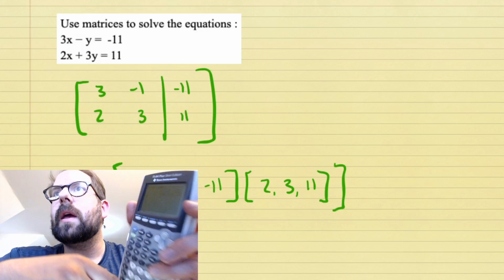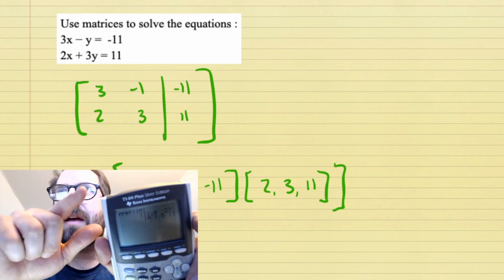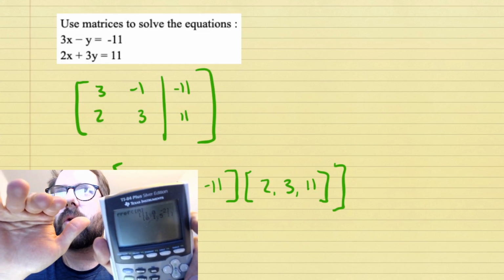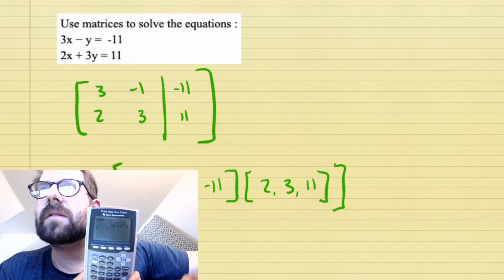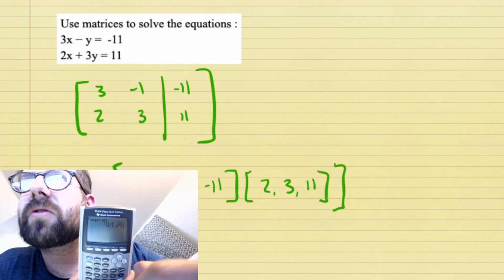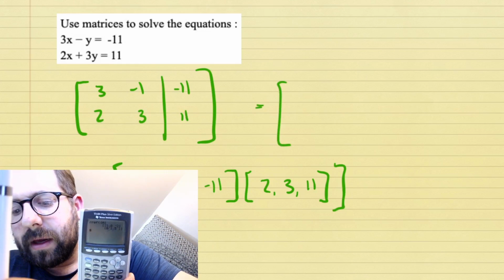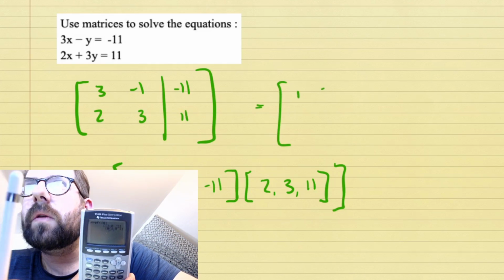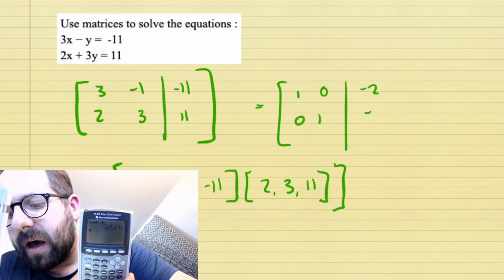So I'm going to hit enter, and what it's doing is it automatically solved it. It put it in brackets, and it put it automatically in rows for me. So this calculator is pre-programmed to do that. What it's telling me in matrix form, if I can read that, is the first row is 1, 0, negative 2, and the second row is 0, 1, 5.